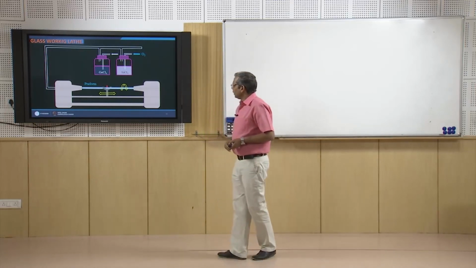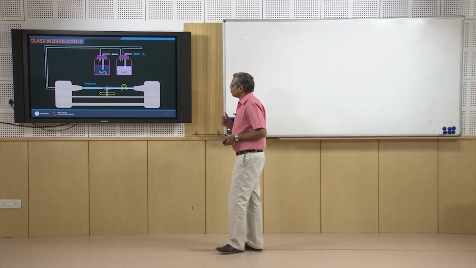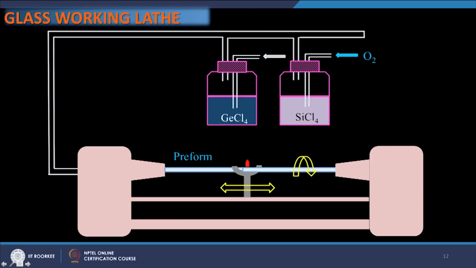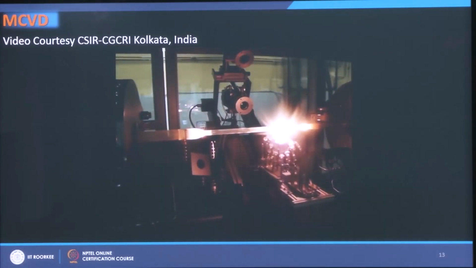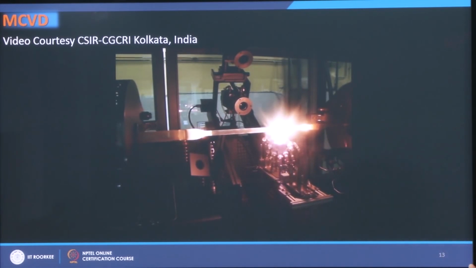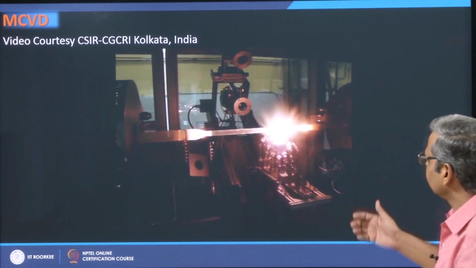So, as a result of the chemical reactions, again the soot is first formed and the soot is deposited on this mandrel layer by layer, but it is not vitrified here. Okay. It is in the form of soot itself, particles and particle over particle. Then this preform is a porous preform.